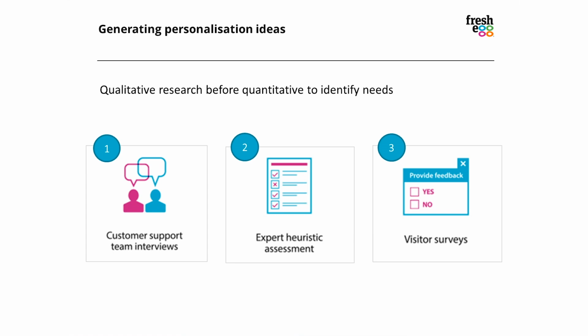So we advise starting with mechanisms such as customer service interviews, as we've discussed in a previous session, heuristic assessment, so looking at the website and seeing what kind of audience groups could be catered for differently, and visitor surveys, so asking users when they come to the site what their different needs are and if there's any reluctance they have in certain areas to provide information or make a purchase. That can really help segment users into different groups.